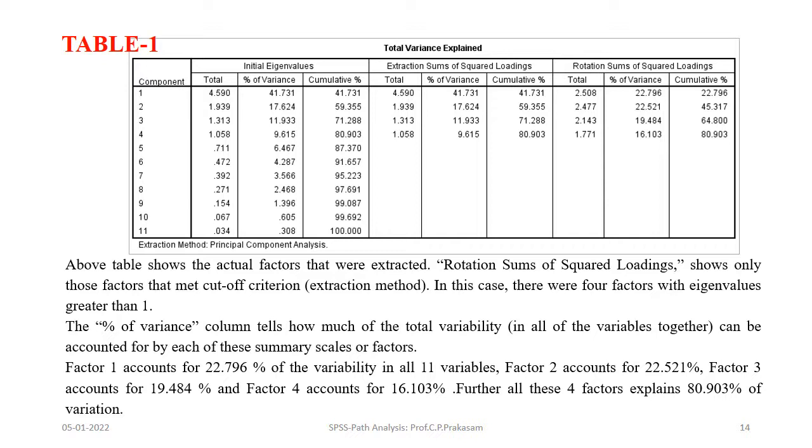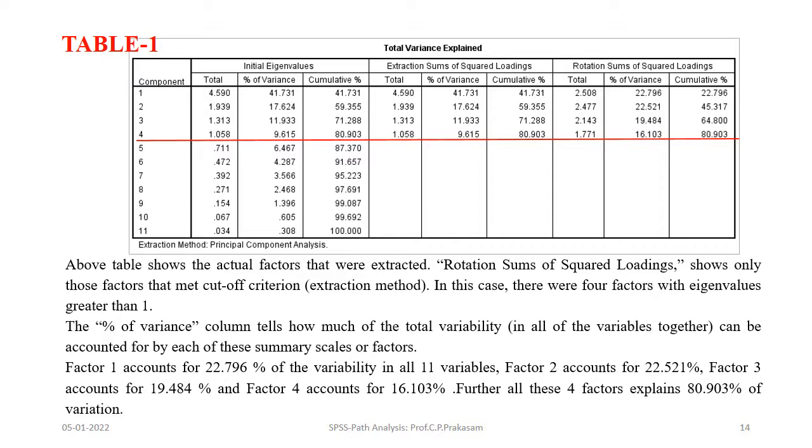The rotation sums of squared loadings show only those factors that met the cutoff point. Earlier we got the cutoff point as 1 for the eigenvalue. In this case, there were 4 factors with eigenvalues greater than 1.